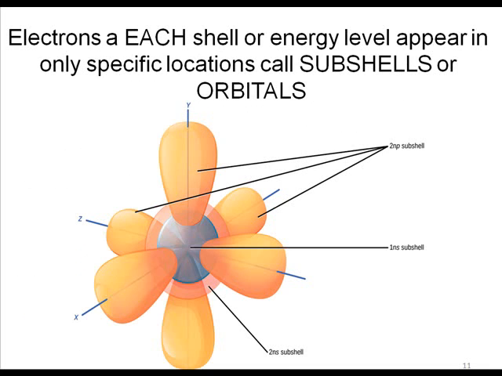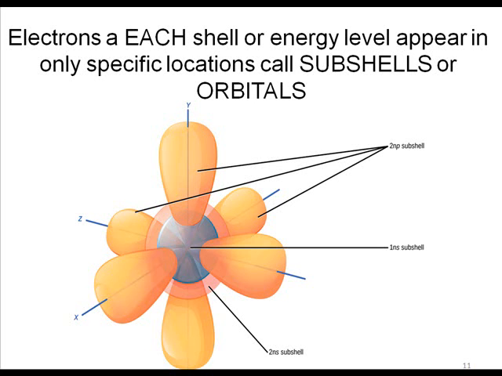Now, within each shell, the electrons are found in suborbitals. Those orbitals have certain shapes. The electrons do not go around and around. Rather, the electrons appear, disappear, and then reappear in another subshell place.